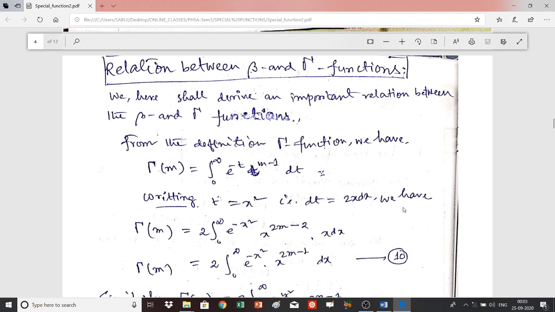So from this relation, gamma m is equal to, first, e to the power minus t gives you e to the power minus x square. Then t to the power m minus 1 means x square to the power m minus 1, that is x to the power 2m minus 2.